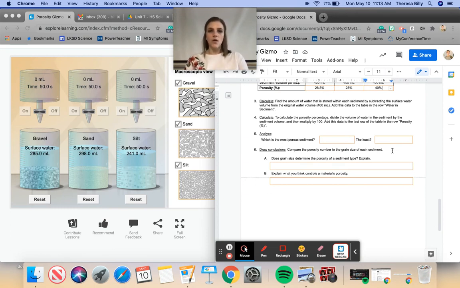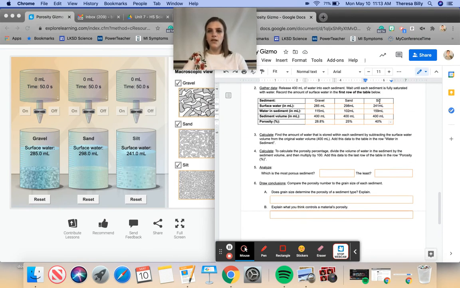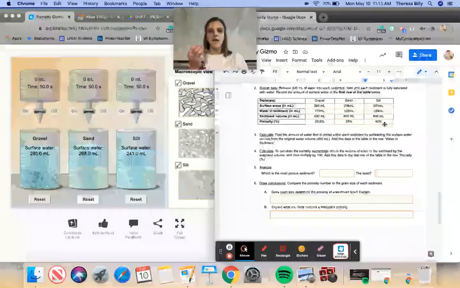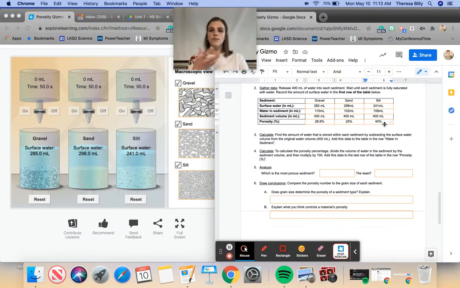So this is kind of a trick question. I mean, look at your data. We know that silt is the most porous, which means it has all these itty bitty tiny little spaces between its particles in which it can hold water. It has so many of those little holes, those little spaces, it holds a lot of water. It's got 40% porosity. But when we compare gravel and sand, gravel is about 29% porous, whereas sand is 25.